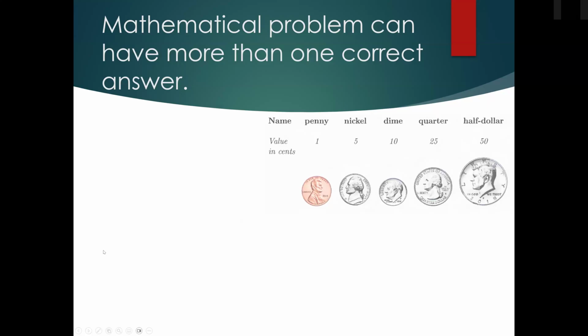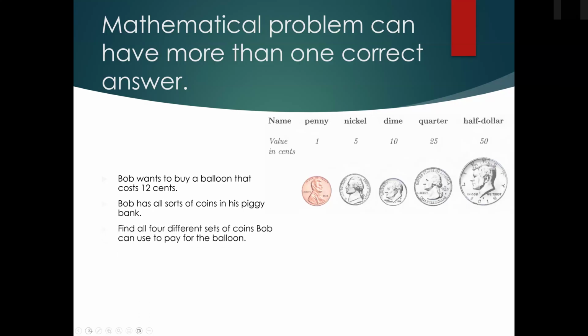Okay, this problem is going to be quite similar to the last one. It's just going to be like backwards. So we're going to see. Bob wants to buy a balloon that costs 12 cents. Bob has all sorts of coins in his piggy bank. Find all four different sets of coins Bob can use to pay for the balloon.